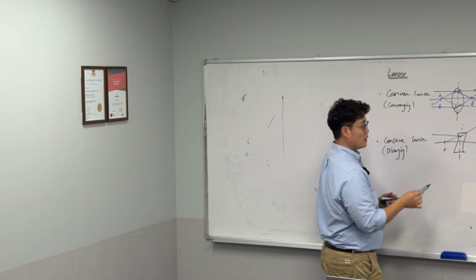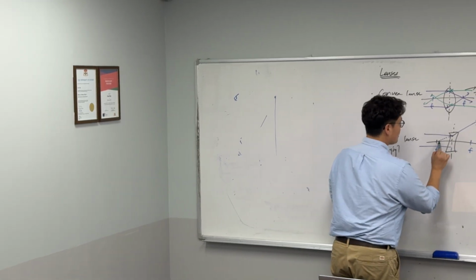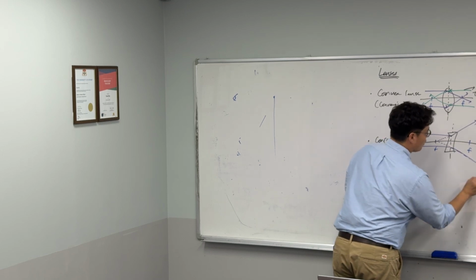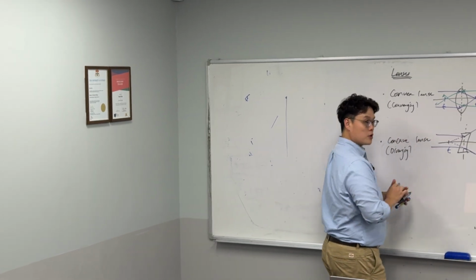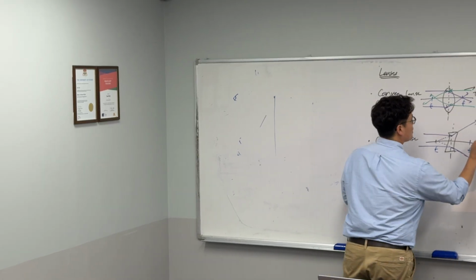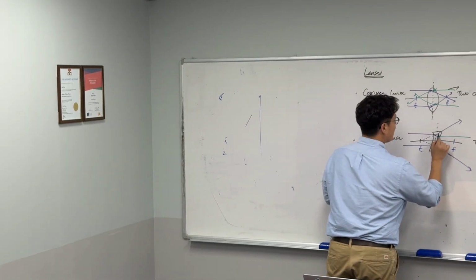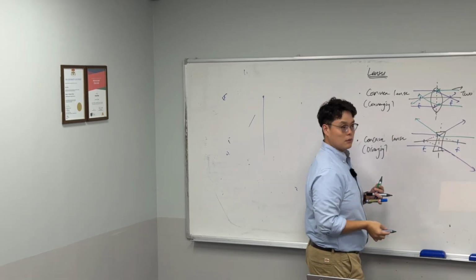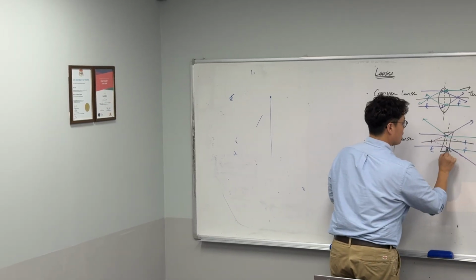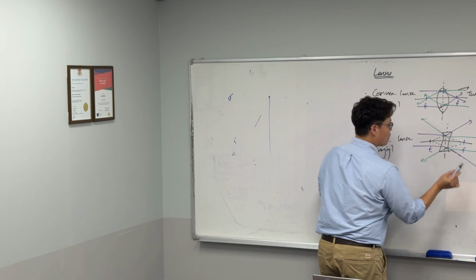The light goes outwards from the focal point. Could you see the purpose of the focal point? Same for the light approaching here, it gets diverged through this angle. Same here, it gets diverged from the focal point like this.